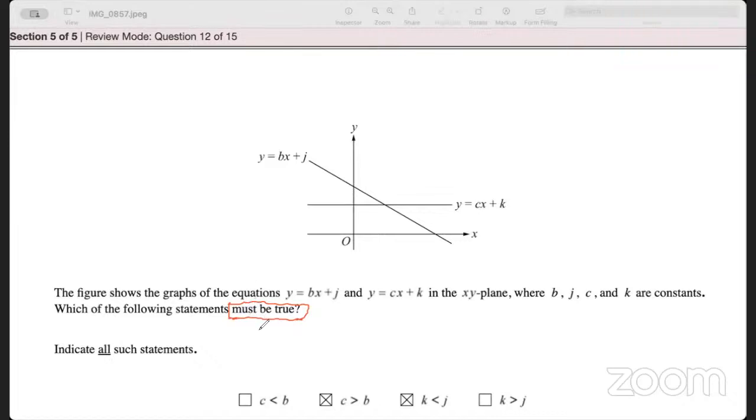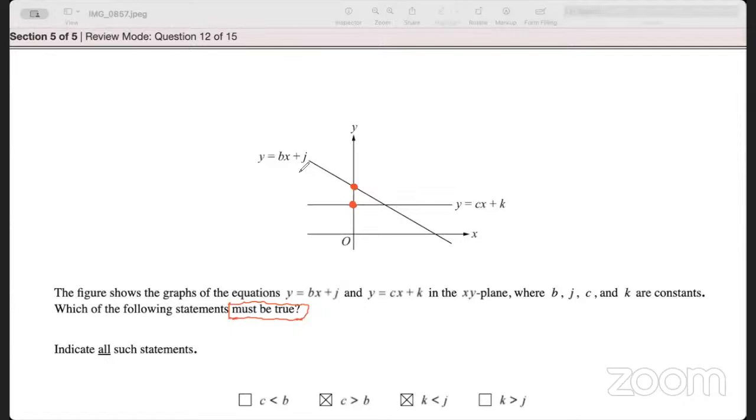Well, I can visually tell that y equals bx plus j has a larger y-intercept than the other line. Right. So that's where I started with this. Great.